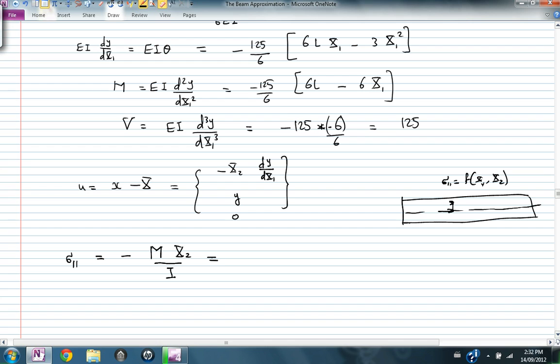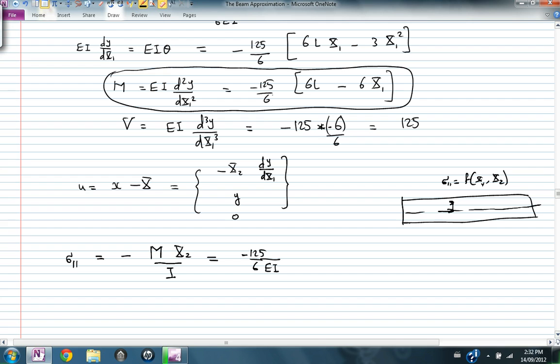This function is equal to negative M x2 over I, where the moment is equal to negative 125 over 6 multiplied by 6L minus 6x1. I'm sorry, there's no EI here. The moment is equal to EI d2y by dx1 squared. So the moment is equal to this value, which is the value that I put here. Negative 125 over 6 multiplied by 6L minus 6x1, multiplied by x2 over I. So this is the value of sigma 11.